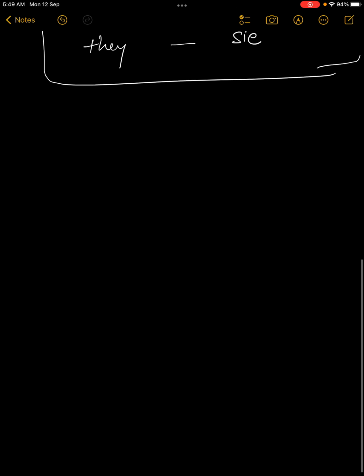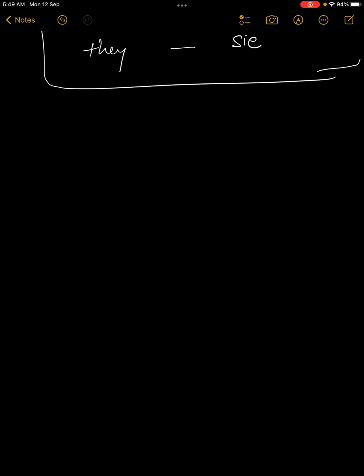So there is something called conjugation that we must keep in mind while using German verbs. Now what do we mean by conjugation? See, in the English language, the verb form is usually the same. For example, to go is the infinitive form. If I have to use it with the pronoun I, I'll say I'm going. The going never changes for other subjects: she's going, they are going, we are going.